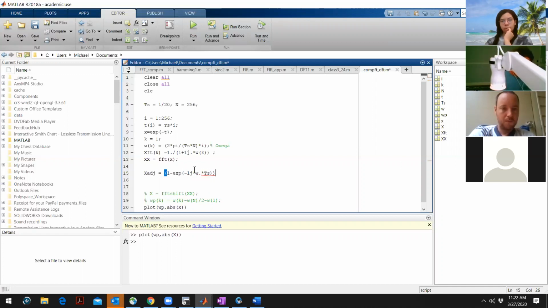Then close that parenthesis, dot divided by 1j times omega, and that's the omega on line 11. Close that, and then times X. Now, what that is, it's adjusting the actual DFT, or FFT in this case, so we can do a direct comparison.